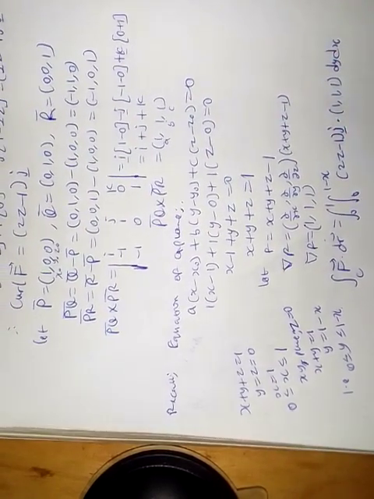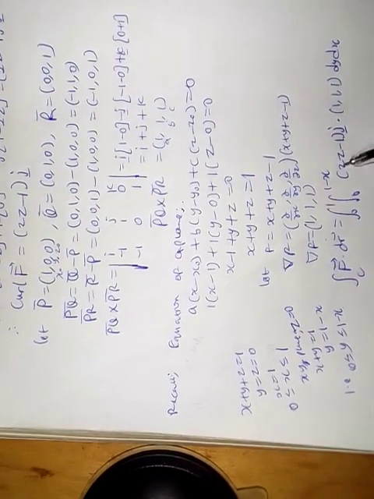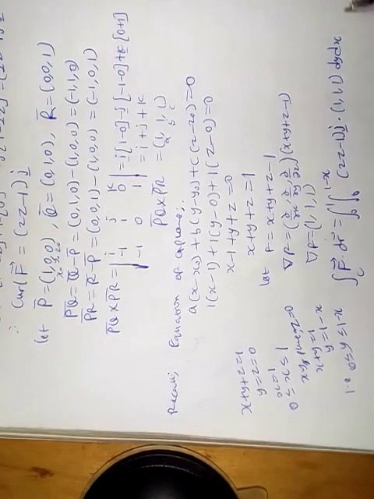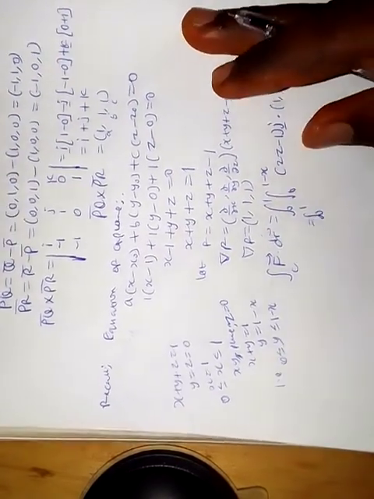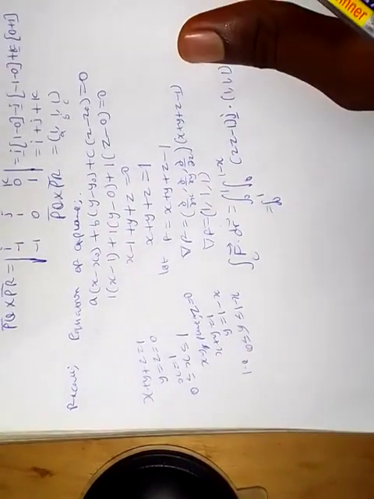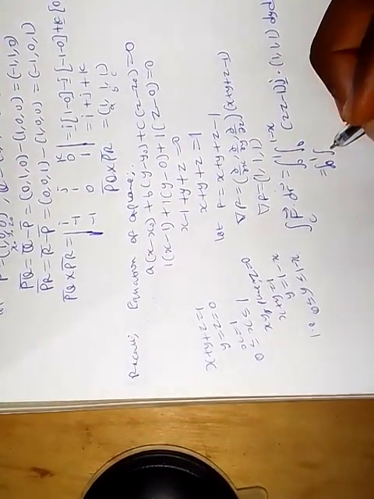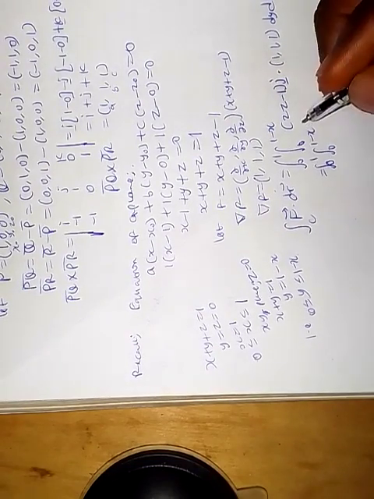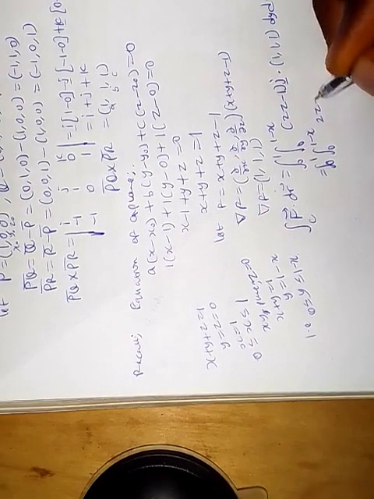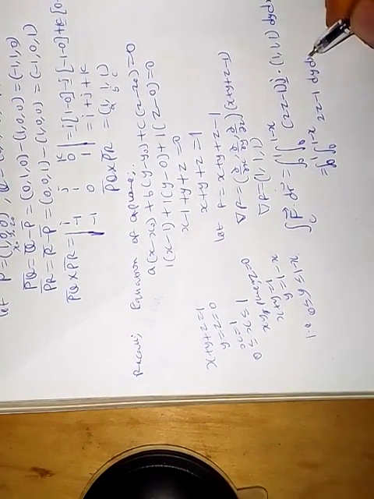So now, this is in component form. Taking the dot product, we are going to have 0 to 1, 0 to 1 minus x, and 2z minus 1 dy dx.